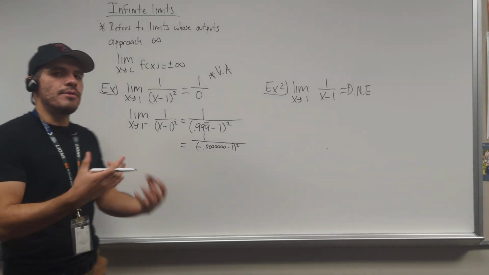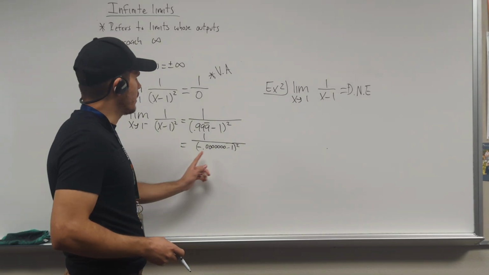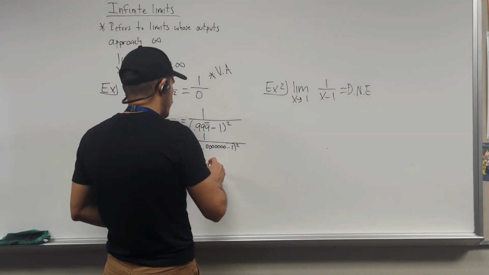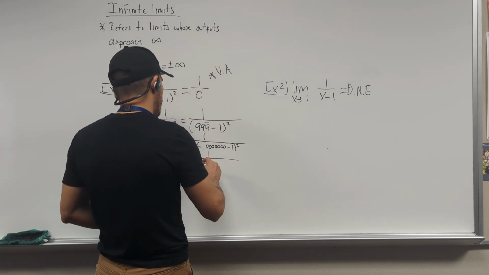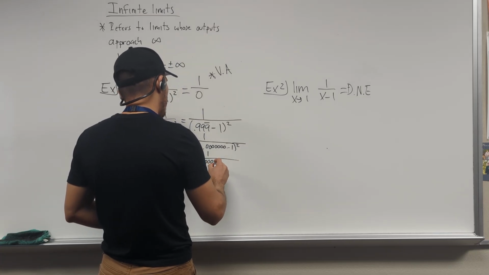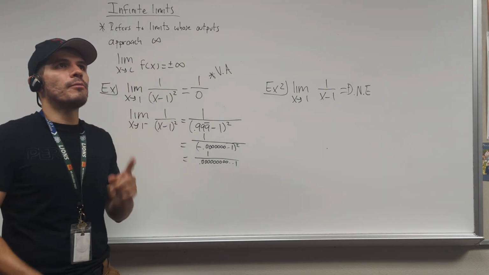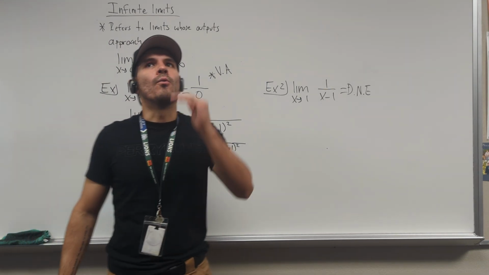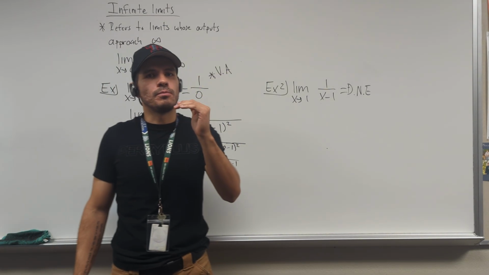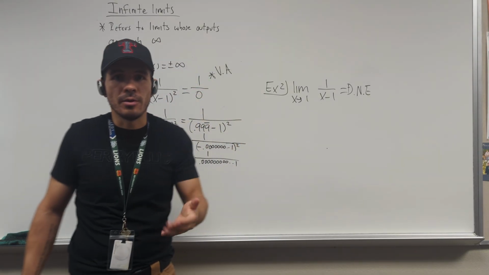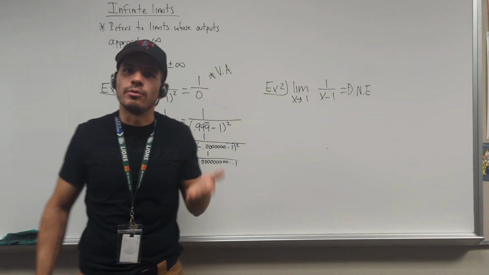Okay. So by numerical analysis, squaring a negative number makes it positive, and it is going to make it a very, very small number. Remember my analysis earlier where 1 divided by 2 was 1/2, 1 divided by 3 was 0.33, 1 divided by 4 is 0.25.